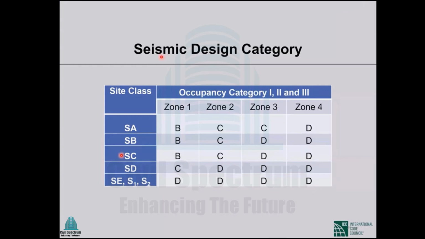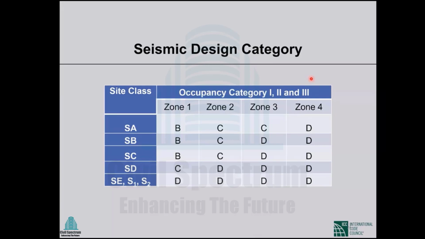Now this is very important, seismic design category. This is a new concept. Previously, in the previous version of the code, we were free to choose whether to design a structure as an ordinary moment frame, an intermediate moment frame, or a special moment frame.